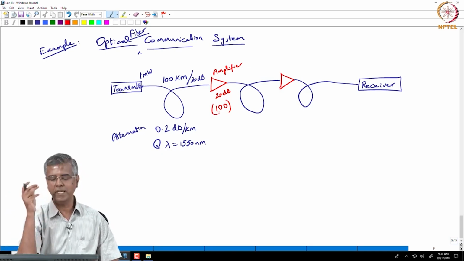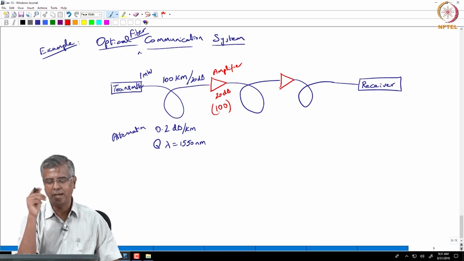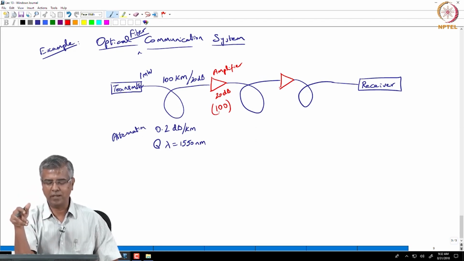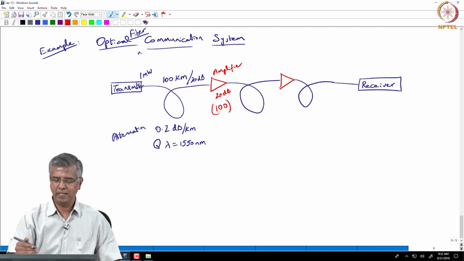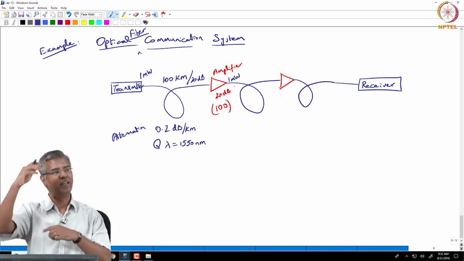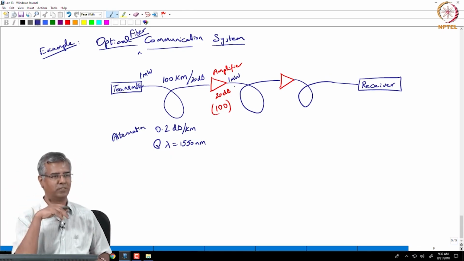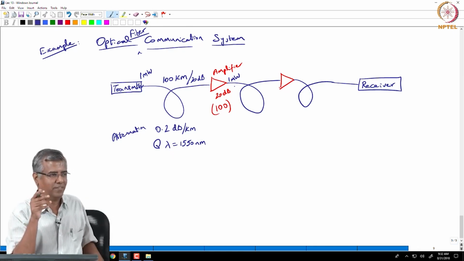Okay. So, you would think that, hey, I had 1 milliwatt, I came down to 10 microwatt after 100 kilometers, but I put an amplifier, and at the end of the amplifier I got my 1 milliwatt back. So, my signal is back to where it was. So, it is as if it is new.